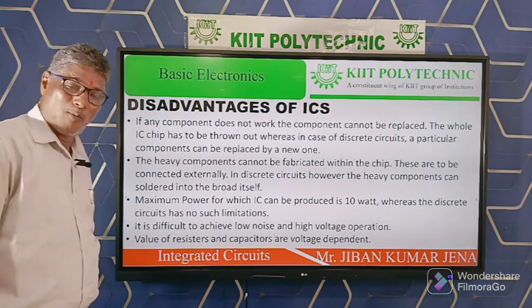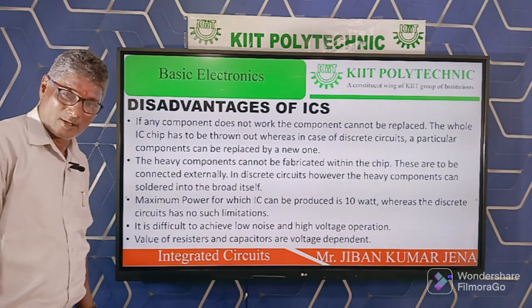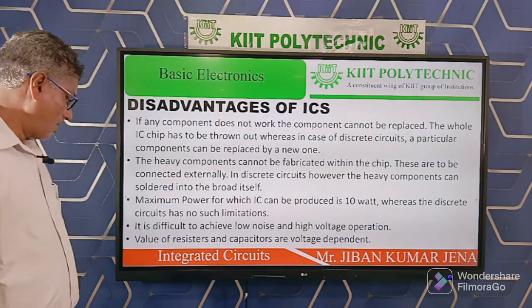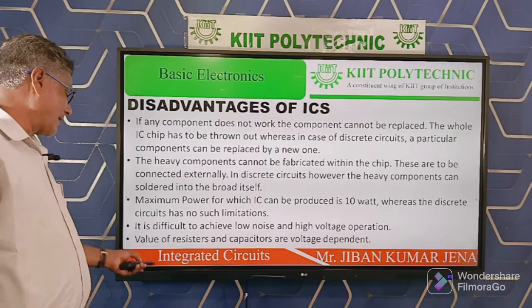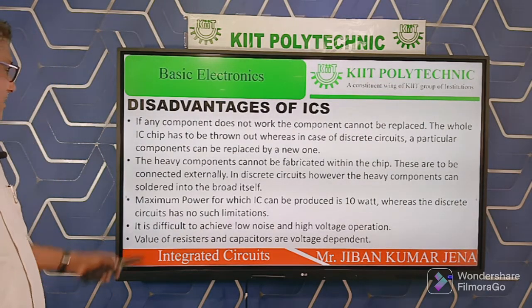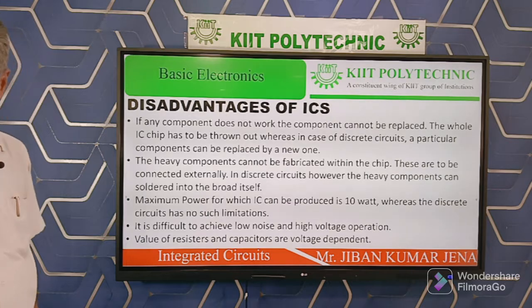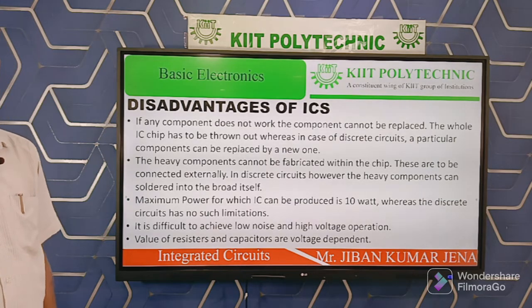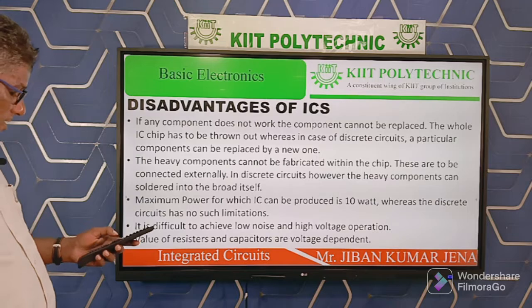So it is a voltage. That means for the operation, the value of resistor and capacitor are voltage dependent. So these are some of the disadvantages or demerit points of IC, or integrated circuit.